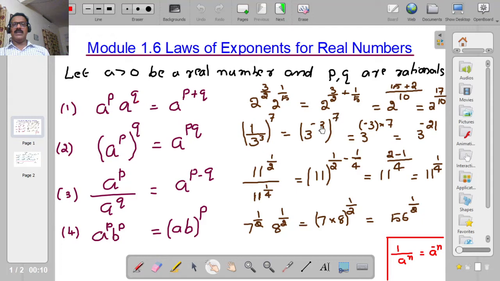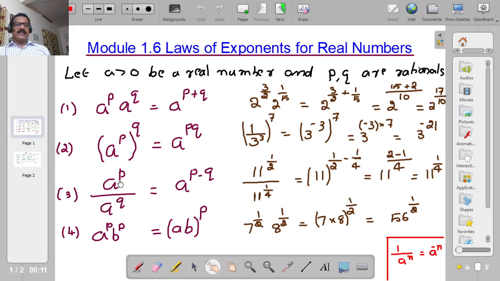A raised to p, the whole raised to q, is equal to a raised to pq. So negative 3 and 7 are multiplied, resulting in negative 21. So the result is 3 raised to negative 21. We know 3 raised to negative 21 is equal to 1 upon 3 raised to 21.